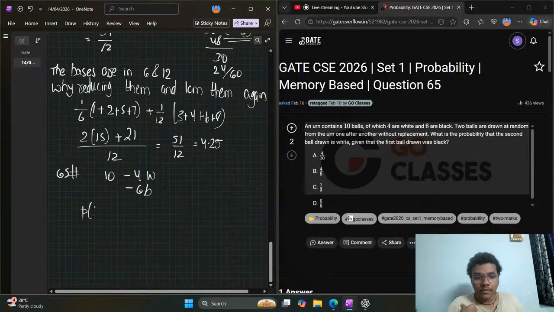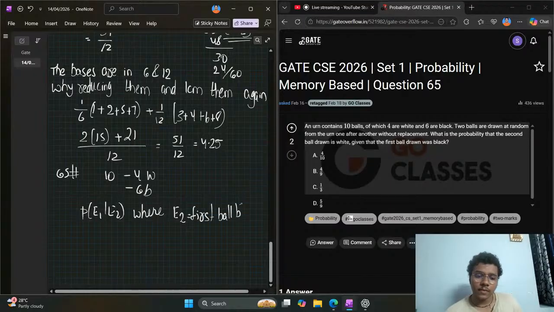P of E1 given E2, where E2 is equal to the first ball black, E1 is equal to the second ball white.